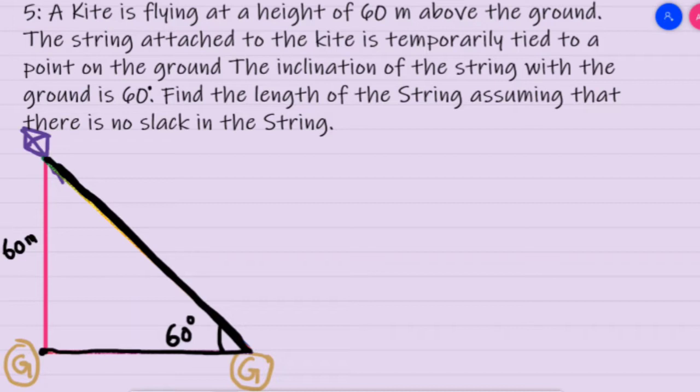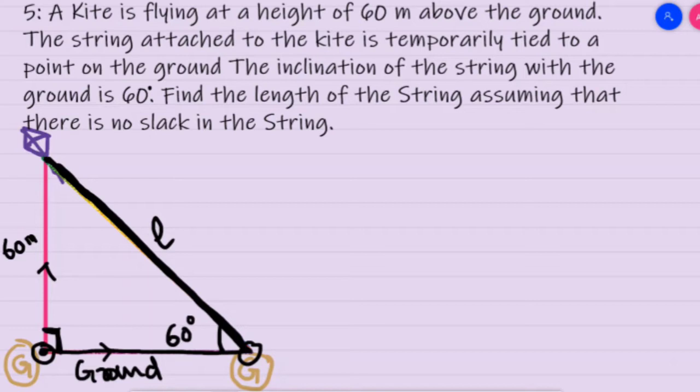So let us say that the length of the thread is L. Now children, you can see that this is 90 degrees. There is no confusion. This is 90 degrees because this is the height and this is the ground. There are 2 points on the ground. The kite is flying at a height of 60 meters.